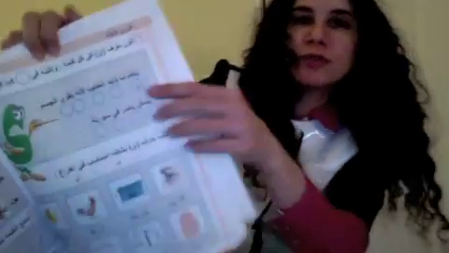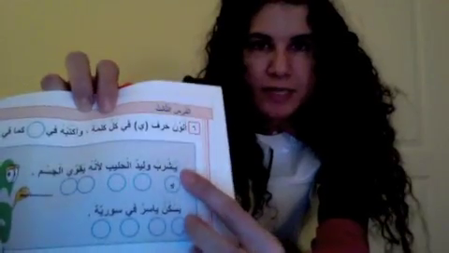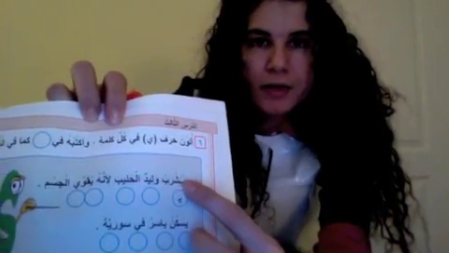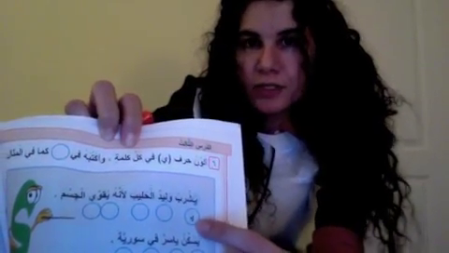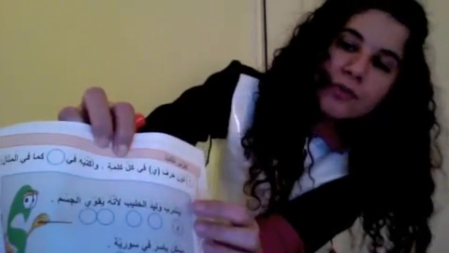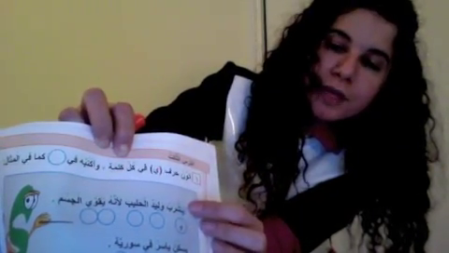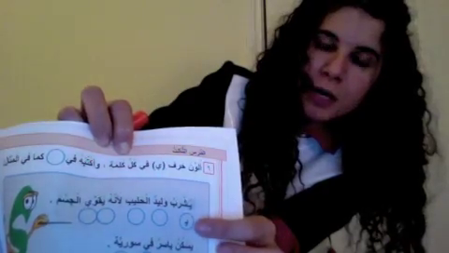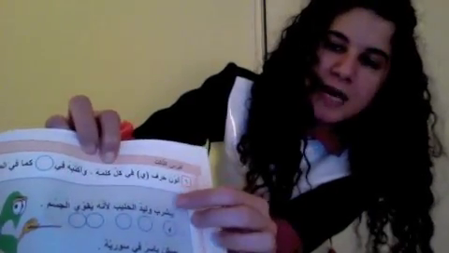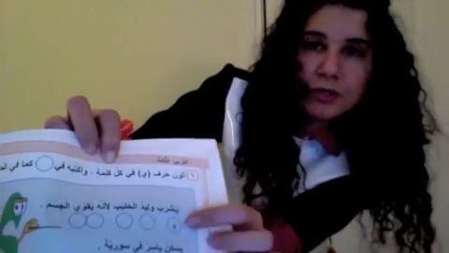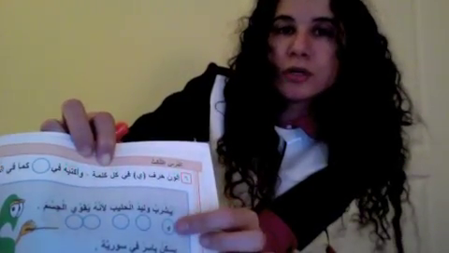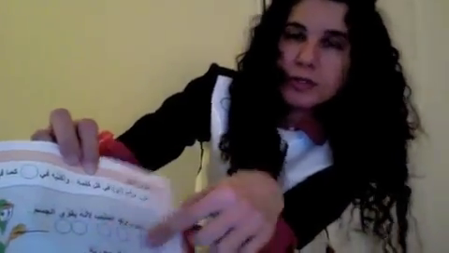So what you have to do is circle the ya every time you see it, and you just copy the exact form down here. So the ya here looks just like the bottom one, right? So you just copy the exact ya from the word and put it in the circle. So only the ya go in those circles, all right?